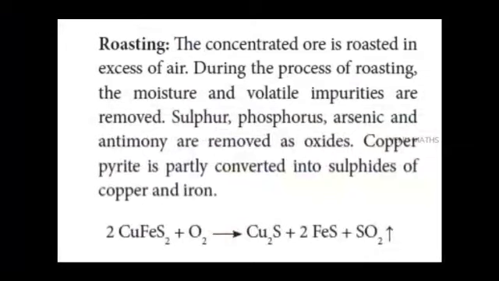So, here sulfur, phosphorus, arsenic and antimony will be present in the ore in the form of oxides. And all these oxides will be removed as volatile impurities. The remaining ore will be in the form of copper sulfide and iron sulfide.